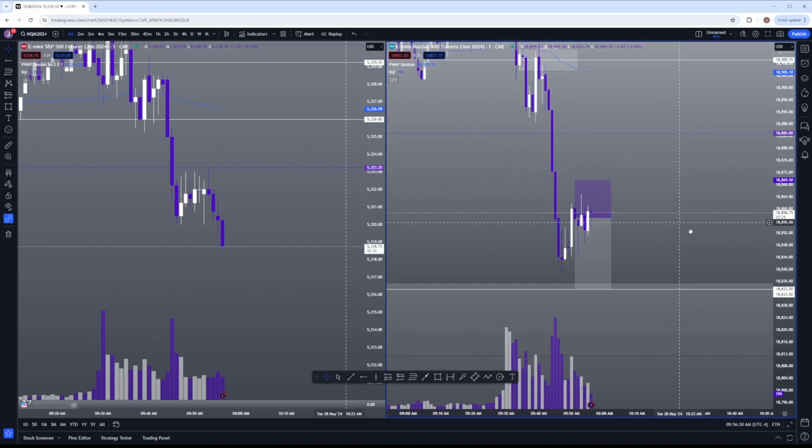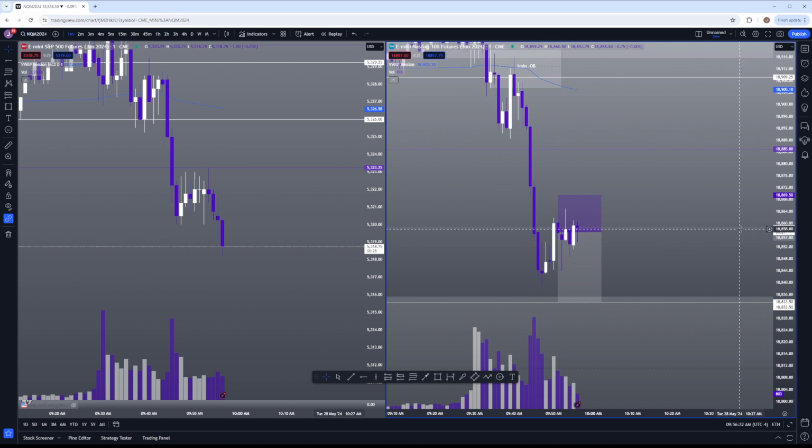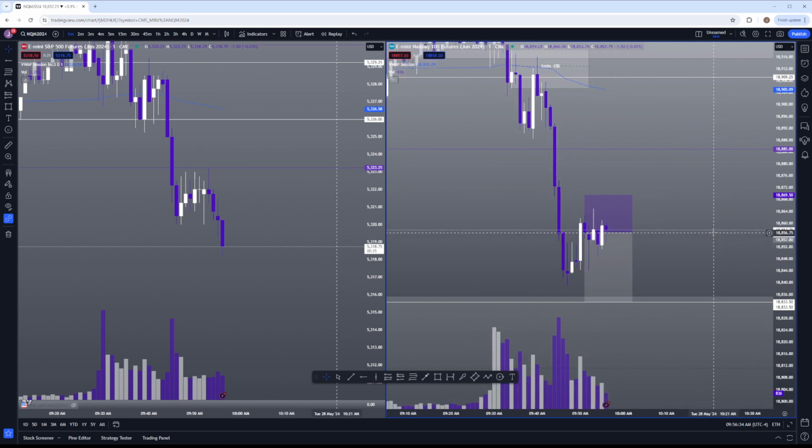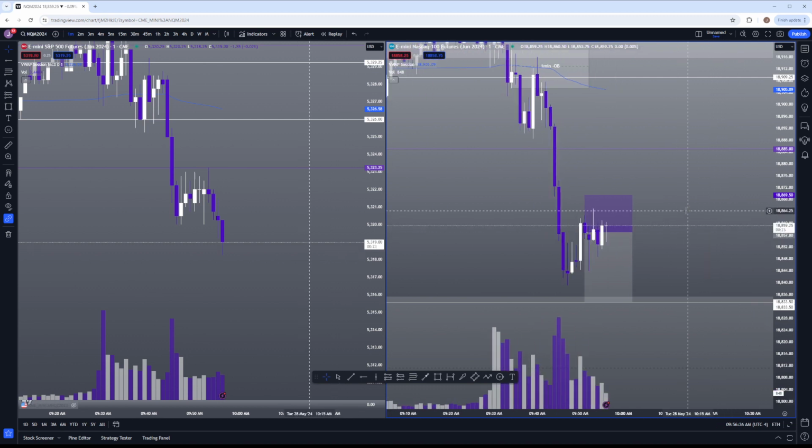It's not FOMO, it's just celebrating that little win of knowing that your analysis is there, that you're getting your analysis correct, right? You're gaining confidence in the market and confidence in your strategy every time you're able to find these trades.